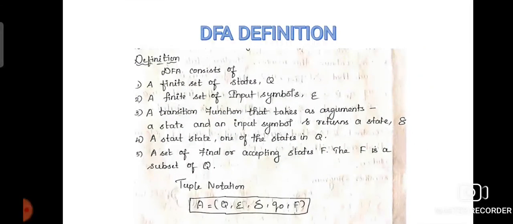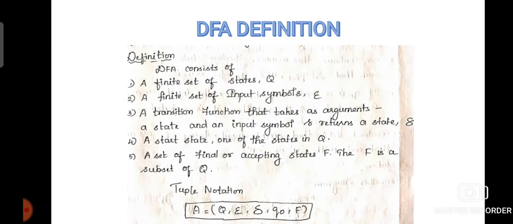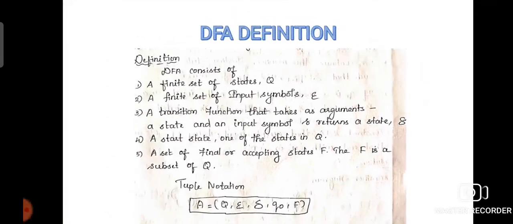Now we can see the formal definition of DFA. DFA can be defined with the help of 5 tuples: A equal to (Q, sigma, delta, Q0, F). Here the first element, capital letter Q, is a finite set of states. Second, sigma represents a set of input symbols. Third, delta is the transition function.